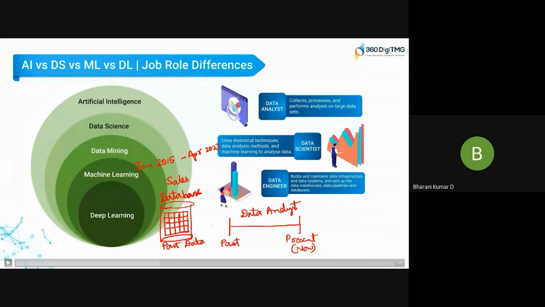If you are going to analyze this data to figure out whether the sales have increased from Jan 2015 until April 2023, or was the sales decreasing, or going up and coming down? Was it fluctuating? When you answer these kinds of questions, then that field is called the data analytics field. And when you work in data analytics, you'd be called a data analyst.